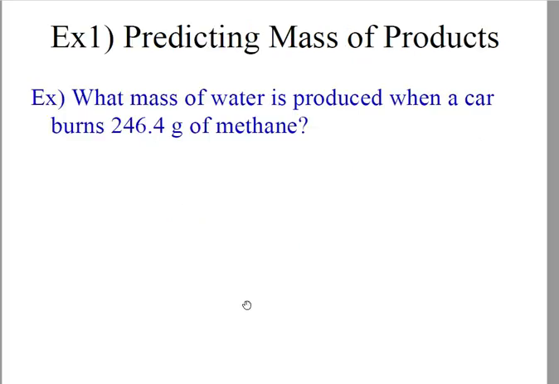For example, if we know that a car burns 246.4 grams of methane on a particular trip, we can determine what mass of water would be produced because water is a product in the burning of methane. So we'll pick back up here next time looking at that stoichiometry that requires us to go across the map when we have a chemical reaction involved.